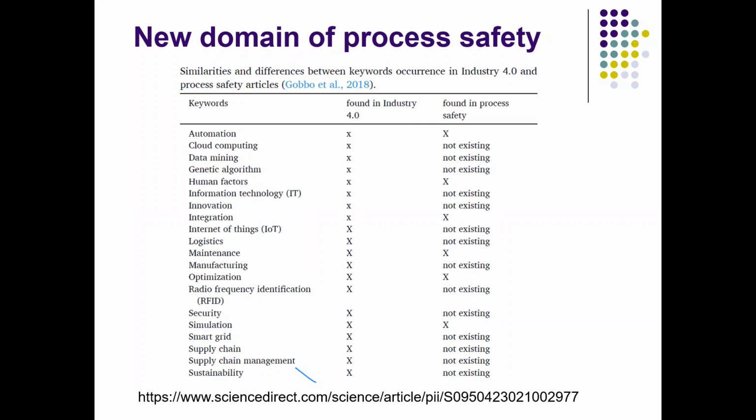Smart grid, supply chain, supply chain management, all these are the new eras in process safety. Sustainability means that we should have a process that is self-sustainable, or achieves the sustainability goals. So all these things are new fields that must be incorporated in process safety, and the majority of them are part of your syllabus as system engineers.